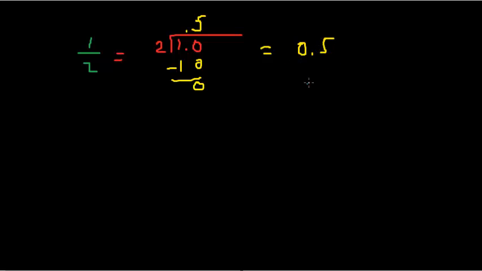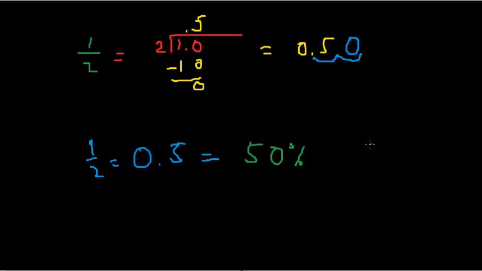0.5. Then if we're converting a decimal to a percent, we're just going to go the opposite direction. Right? Instead of moving our decimal place 2 places to the left, now we move it 2 places to the right. Fill in our extra space here with a 0, and we see 1/2 is equal to 0.5, which is equal to 50%. You can use this same method for any fraction. Convert it to a decimal, and then convert that decimal to a percent.